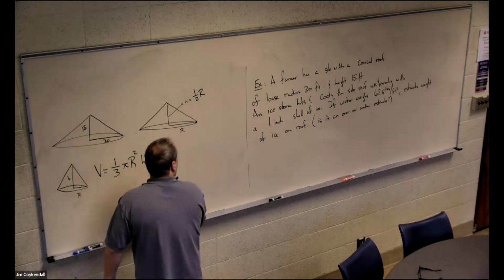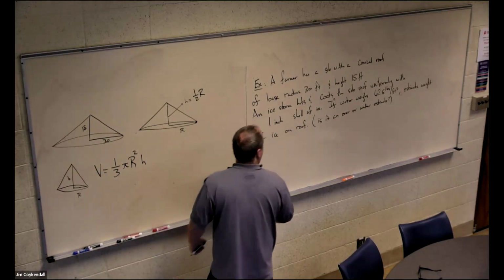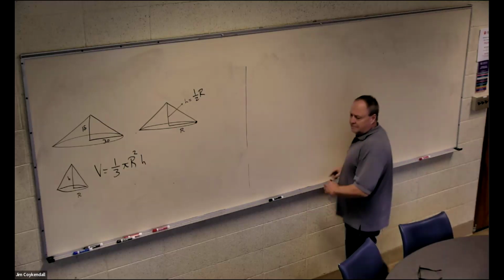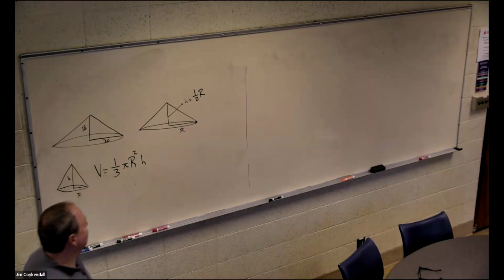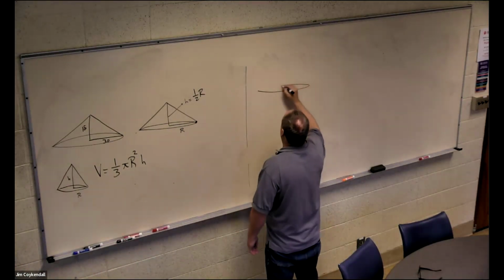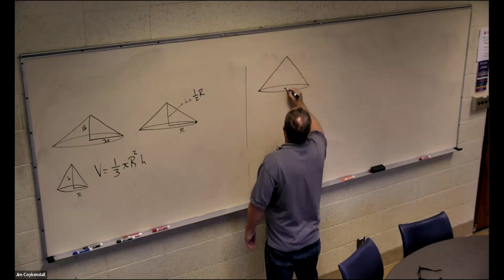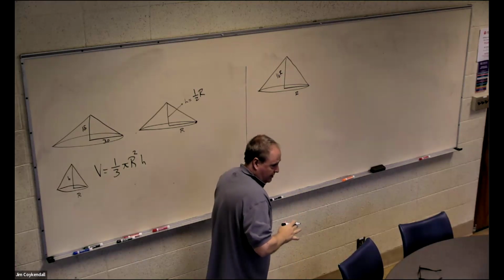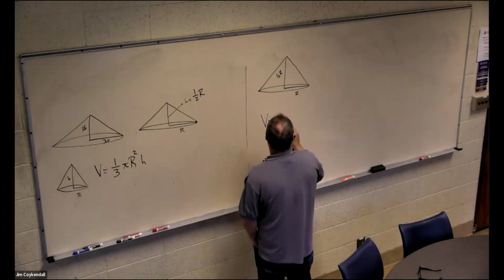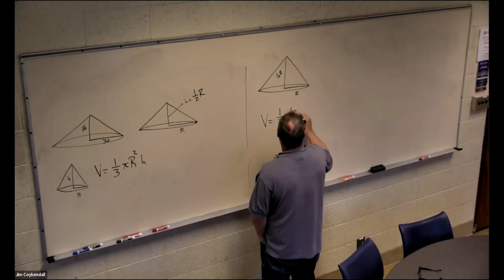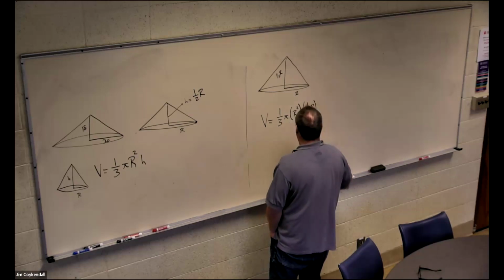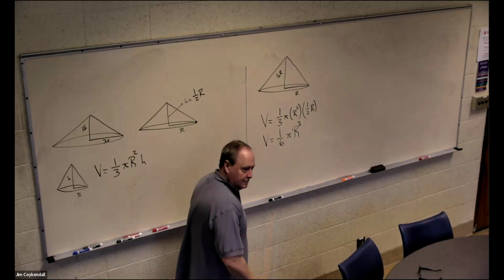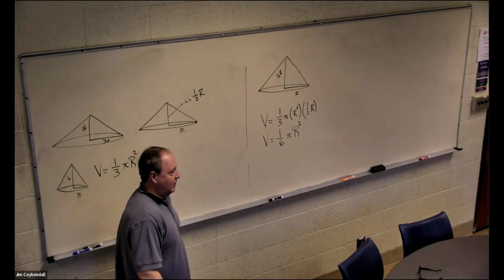So for the farmer, he's got this growing roof, radius R as ice is being added, and height 1/2 R. So the volume is 1/3 pi R squared times the height, which is 1/2 R. So I get the volume is actually 1/6 pi R cubed. Everybody okay with that?